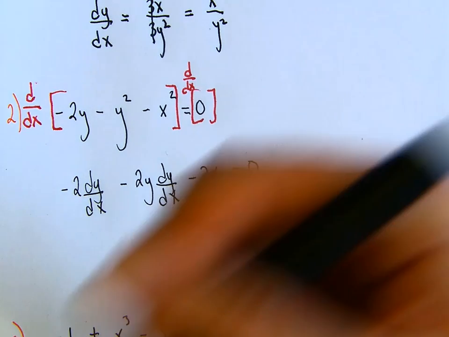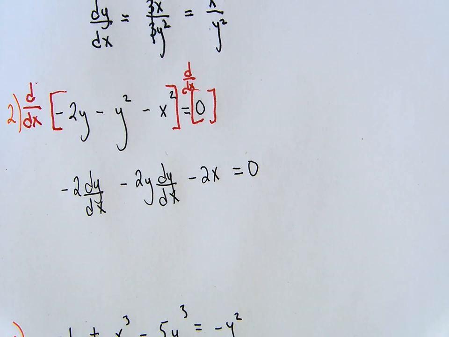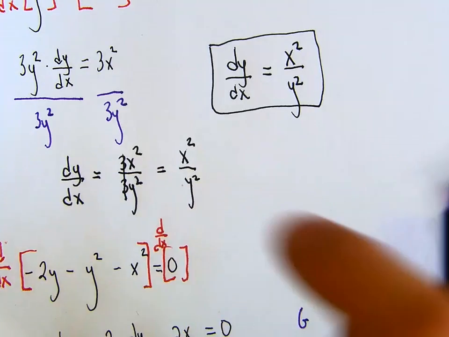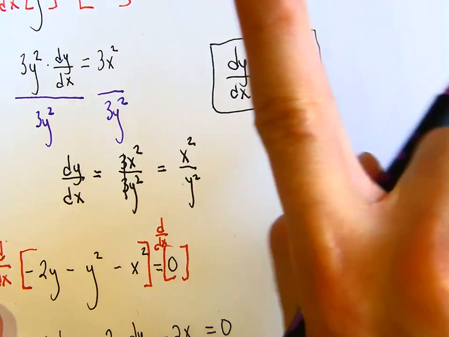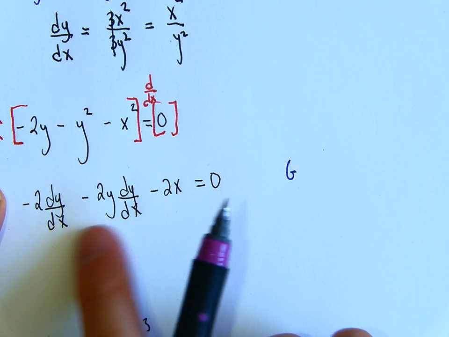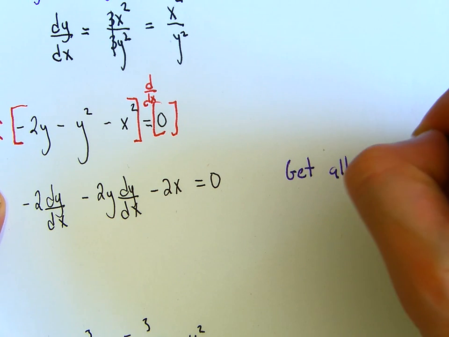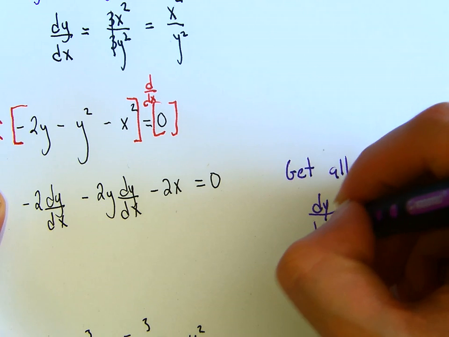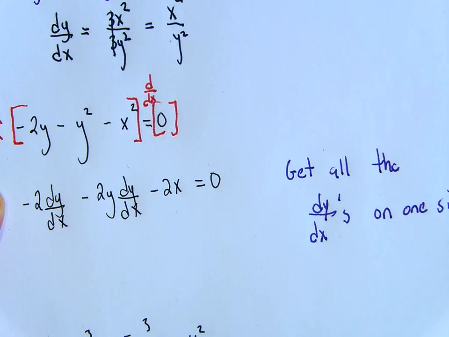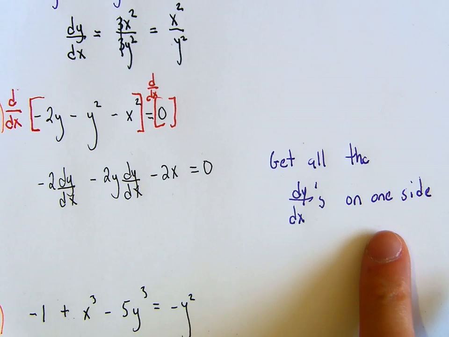Now, what do you want to do? You want to get this dy/dx by itself. So here, the idea is before, you saw over here how we only had one dy/dx. Here, we have two dy/dx's. So the idea is get all the dy/dx's on one side. And why do we want to get all the dy/dx's on one side?